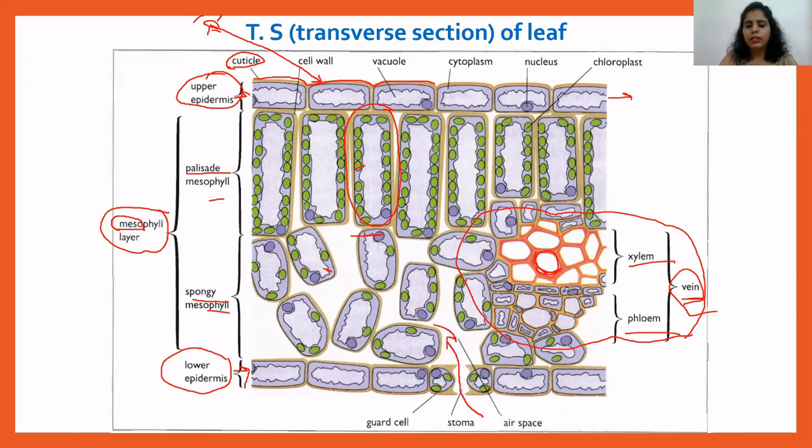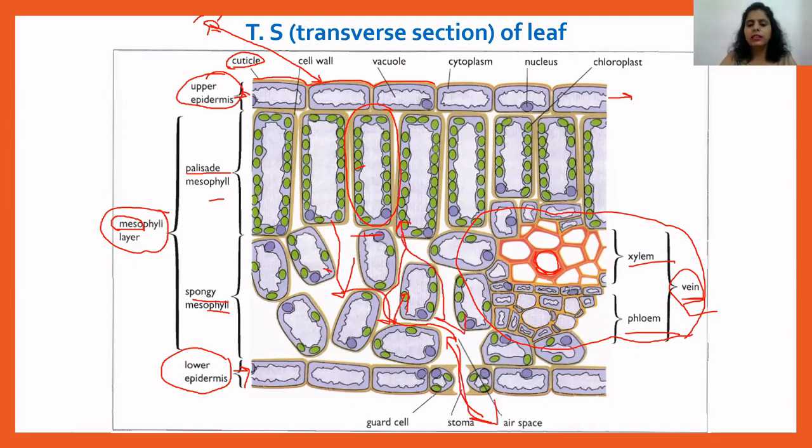Because of the presence of these air spaces, carbon dioxide gas will be able to move to the palisade mesophyll cells or the spongy mesophyll cells very quickly. Similarly, in photosynthesis, oxygen gas is produced, and it can move out of the leaf with the help of these internal air spaces.